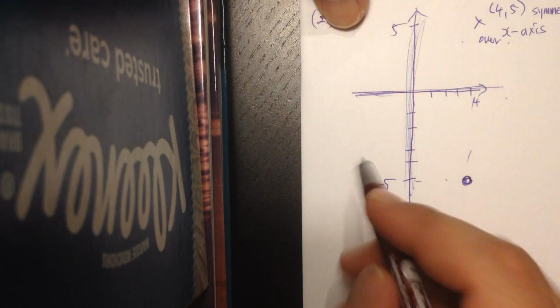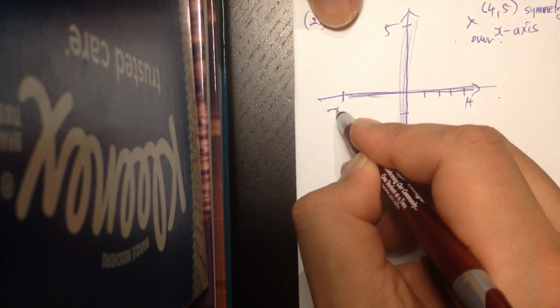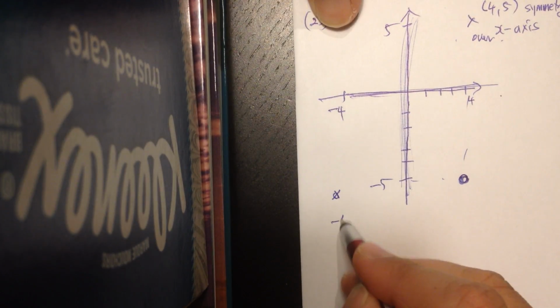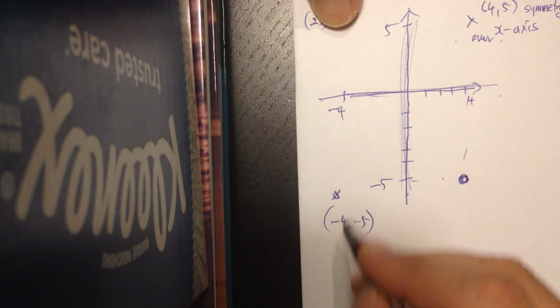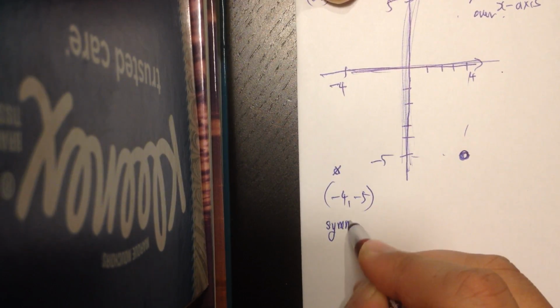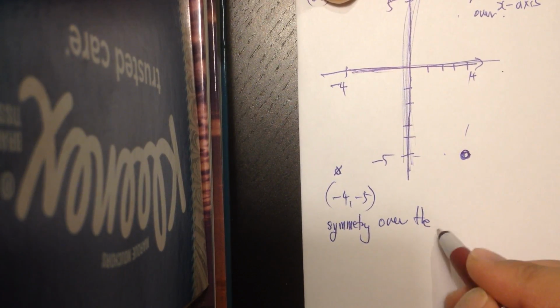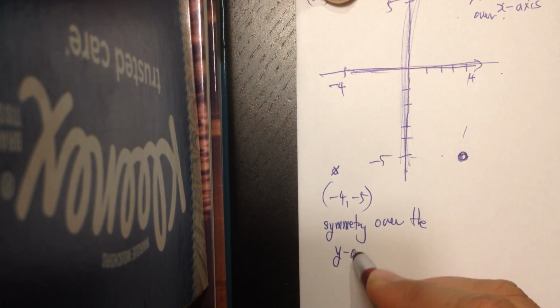So therefore, it has to be right there, which has got to be -4 and -5. This is again for symmetry over the y-axis.